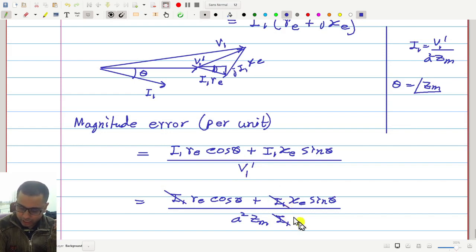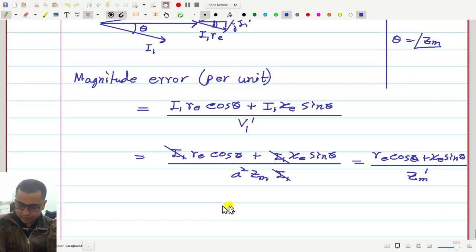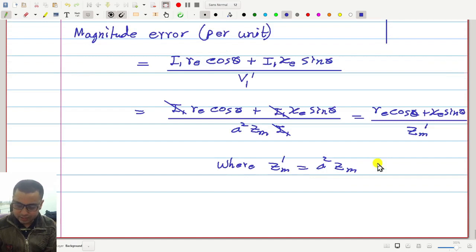This I1 goes away and we have Re cosine theta plus Xe sine theta by Zm prime, where Zm prime is nothing but S square Zm, that is sometimes called the impedance of the meter or the secondary impedance as referred to the primary side. So this is the magnitude error. Next we will come to the phase angle error.